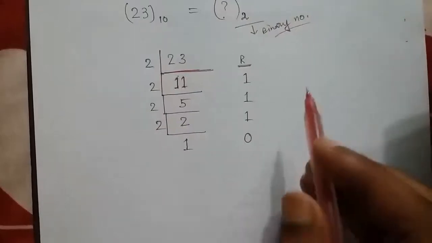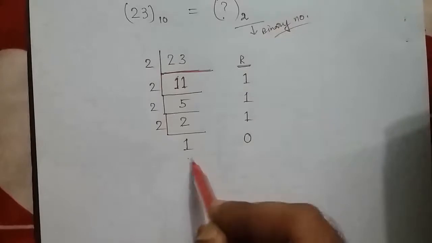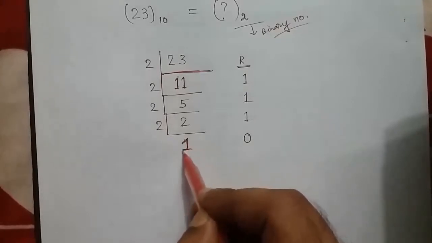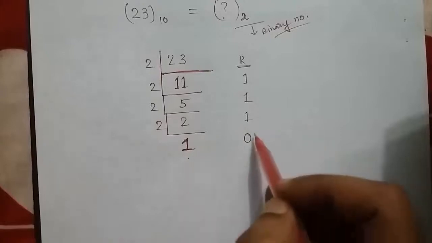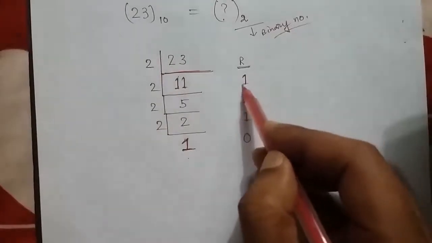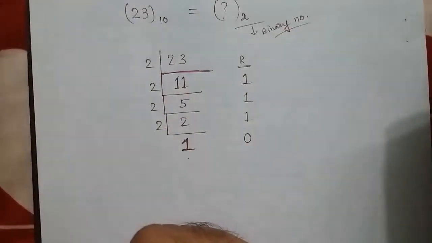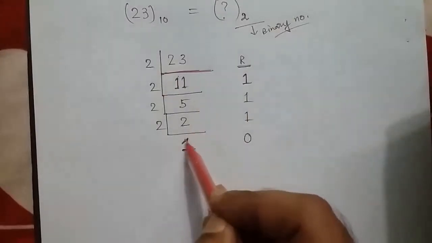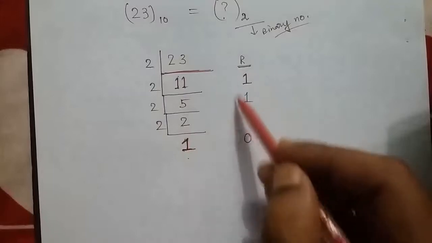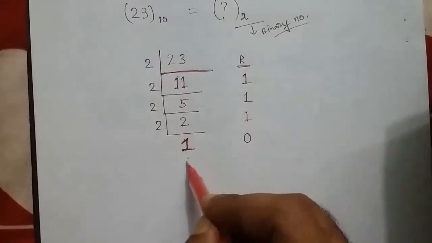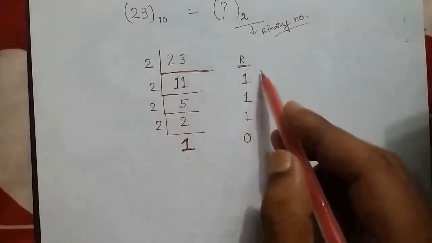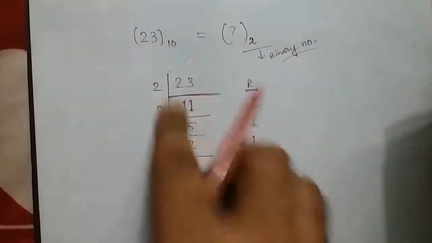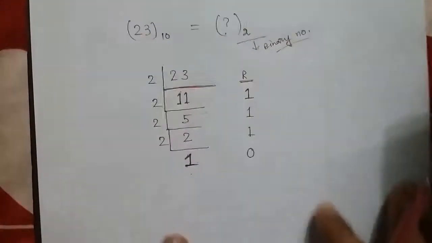And we have to deal with all the numbers from the last quotient to the first remainder. Okay. And whenever we get this, that means the last quotient and these remainders, then these are known as the digits of the binary number equivalent to 23 in decimal.